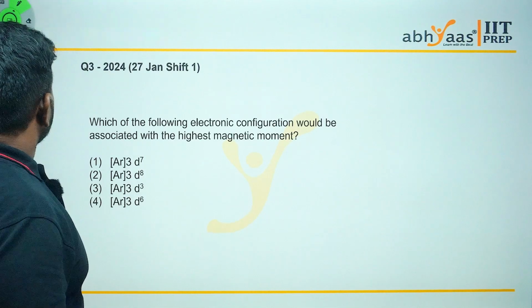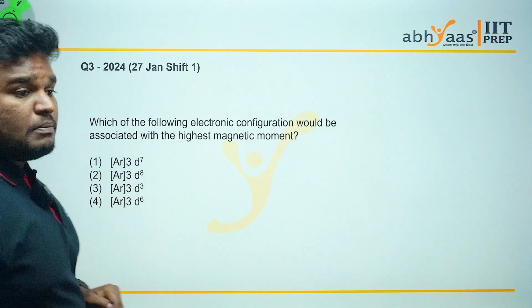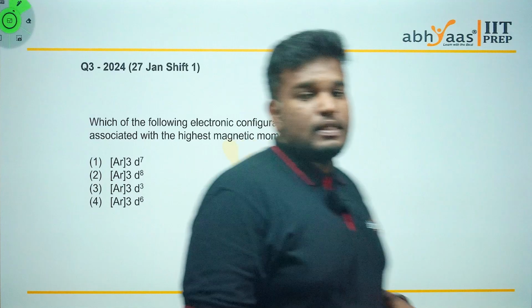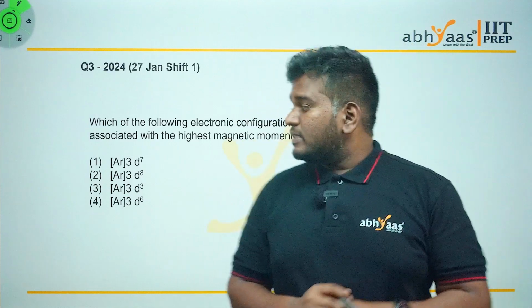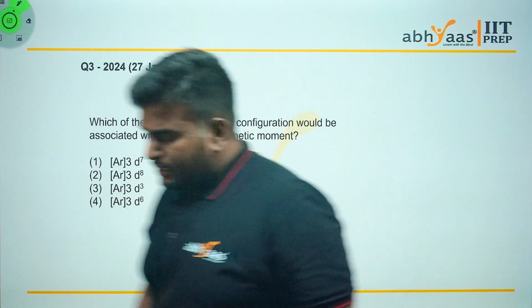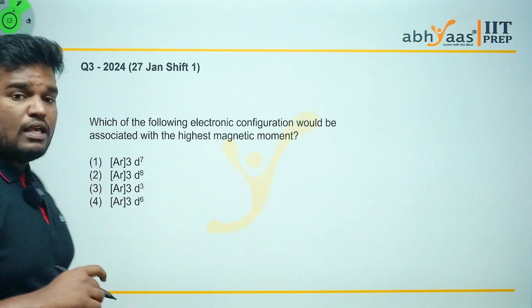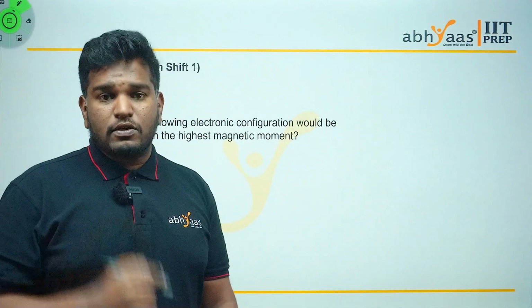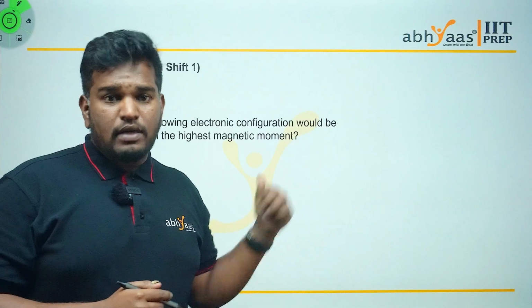Here they are asking about the magnetic moment. We have to find the magnetic moment of the following configurations. So first of all, we have to see how many unpaired electrons are there in each configuration.